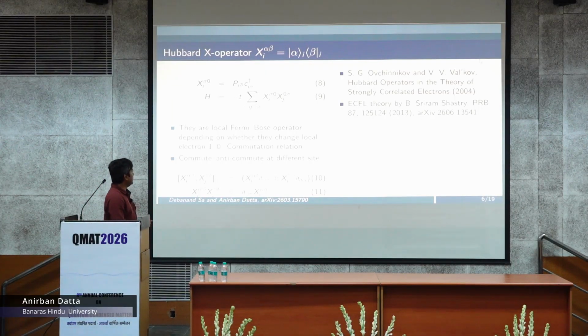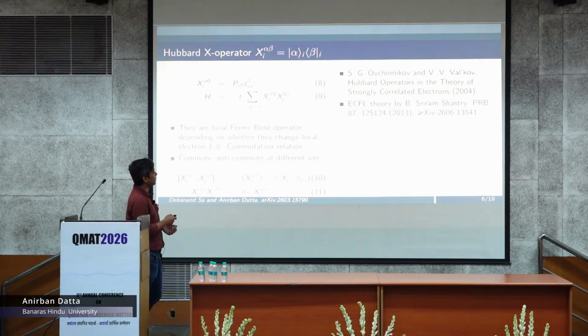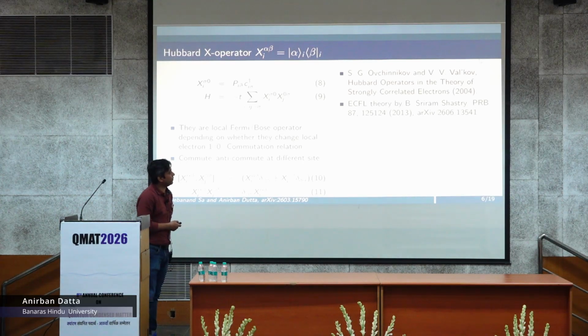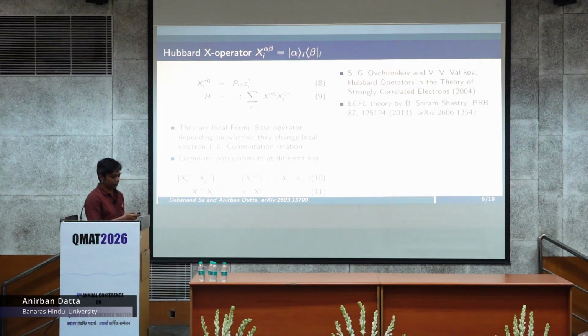These X operators can act as Bose or Fermi operators depending on whether they change the local electron number by 0 or 1. They follow non-canonical commutation and anti-commutation relations, given by this. One good reference is the book by Ovchinnikov and Volkov. Using these X operators, a whole theory of the extremely correlated Fermi liquid was developed by B. Sriram Shastry, and these are the references for studying this kind of Hamiltonian. I will come to his result later.